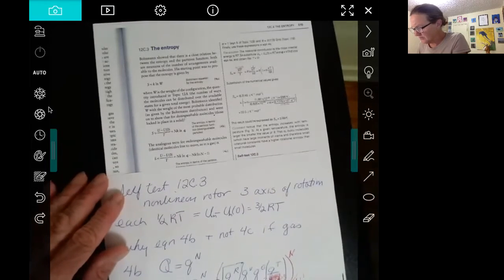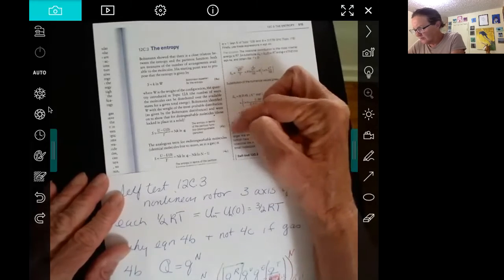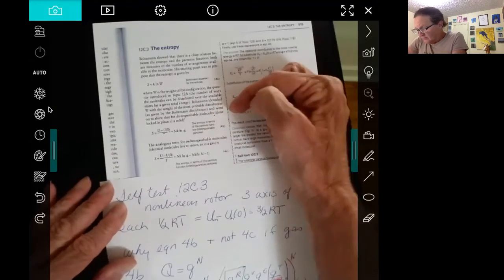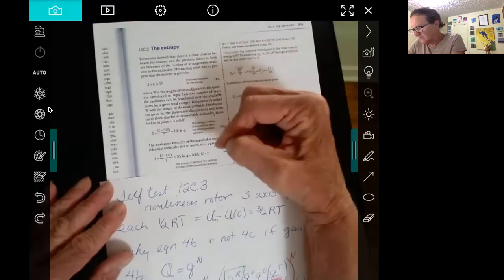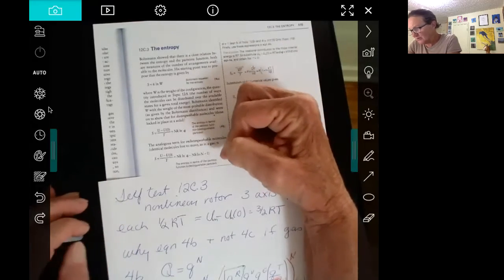And so the question really was, do we use equation 4b or 4c? 4c is an equation for gases, and ethene would be a gas. So indistinguishable particles.